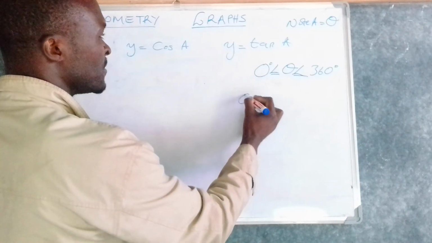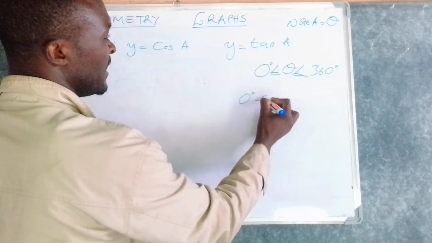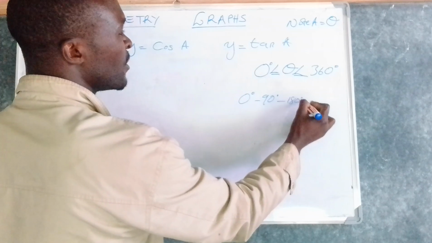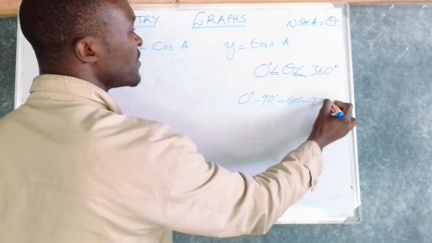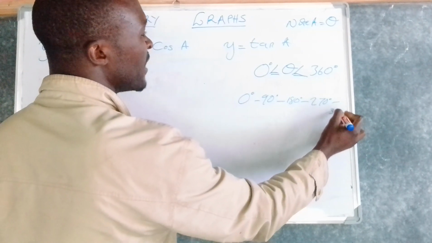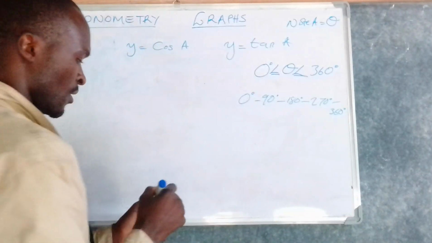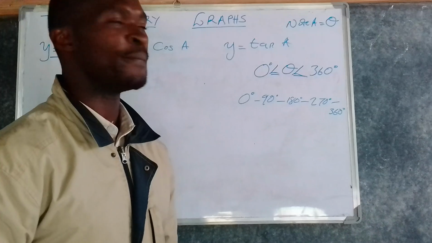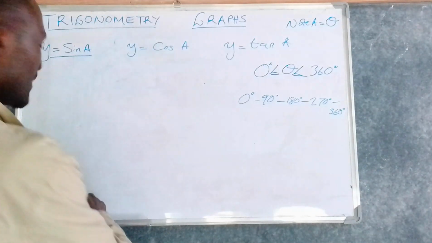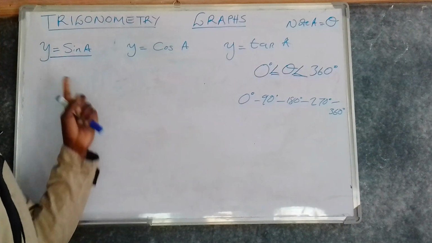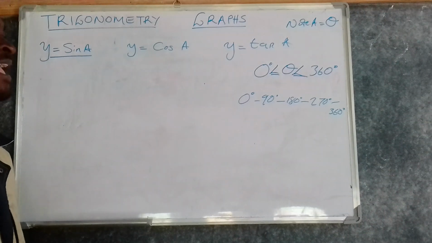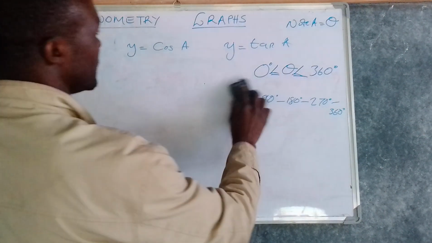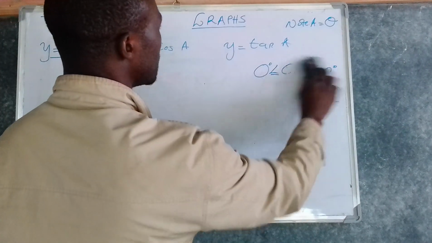That is to say, from 0 degrees you go to 90 degrees, then 180 degrees, then 270 degrees, then 360 degrees. So this is what we'll be doing today. Therefore, let's look at the first graph, y equals sine A, and how you can draw this one.